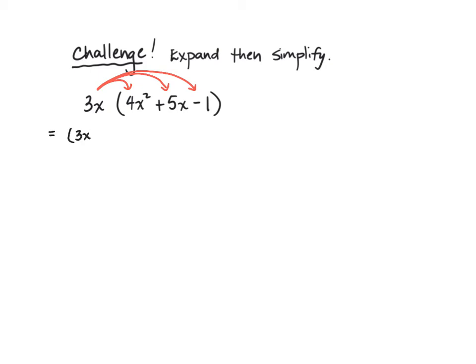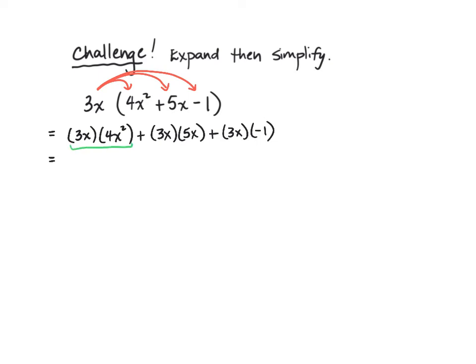So let's write out our expanded form. So we've got our 3x and our 4x squared. We'll add that to 3x times our 5x, and we'll add that to 3x times -1. Let's talk about how we're going to simplify the first part of this, so the 3x times the 4x squared.